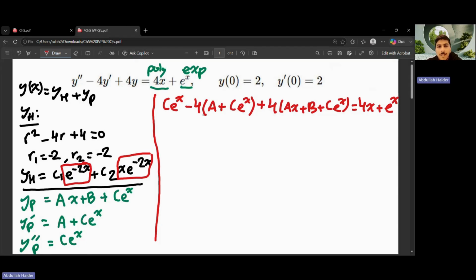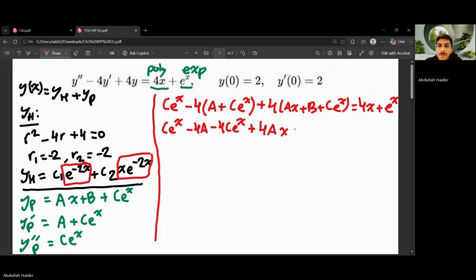So now we expand, we get c e power x minus 4a minus 4c e power x. Trust me, this question is kind of long, and the next question will be even longer than this.